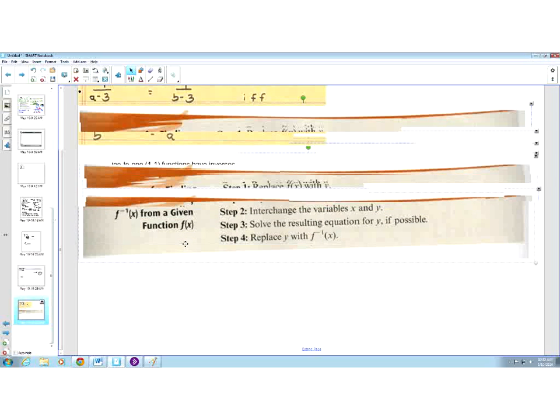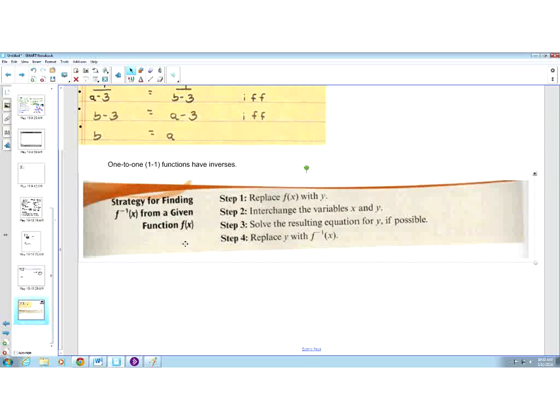So here's the strategy for finding the inverse of a function given f of x. Step 1, we replace f of x with y, interchange x and y, solve for y, and then replace y with this notation f negative 1 of x. Now, this is not an exponent. All right, so be careful in the context. This negative 1 is not an exponent. That means the inverse of a function.